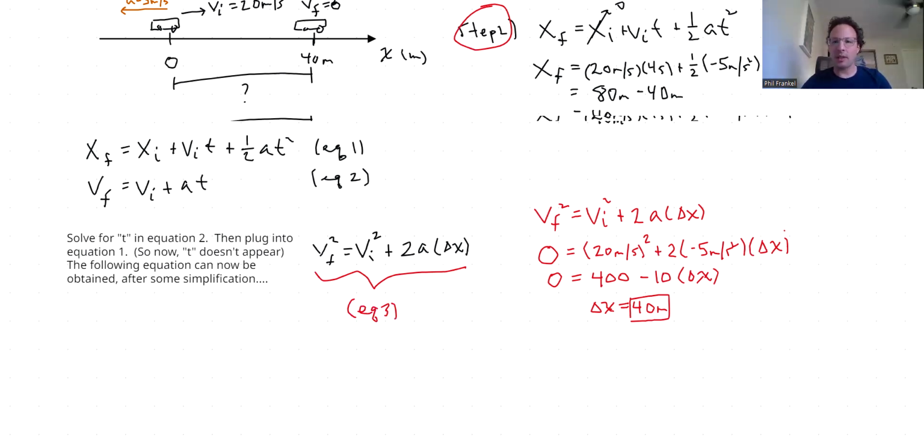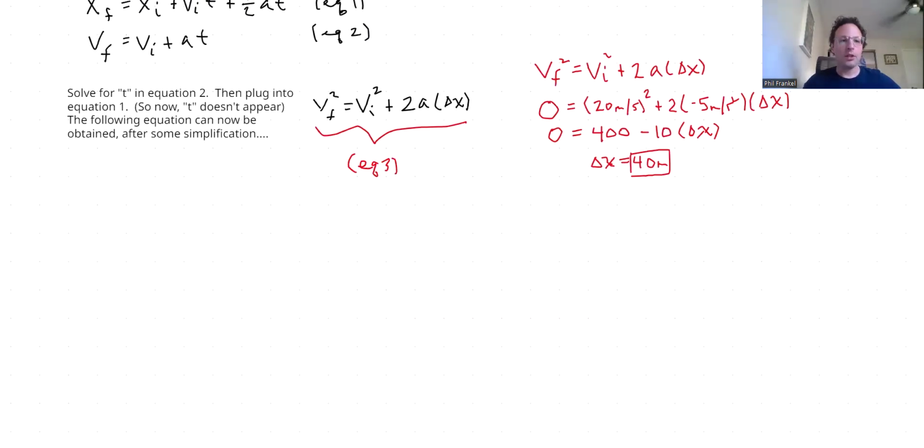The one thing I want to add before I wrap up here is that you have to be aware of the fact that delta x, as well as the acceleration, may be negative.